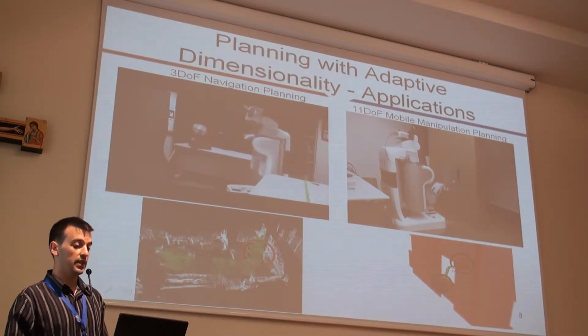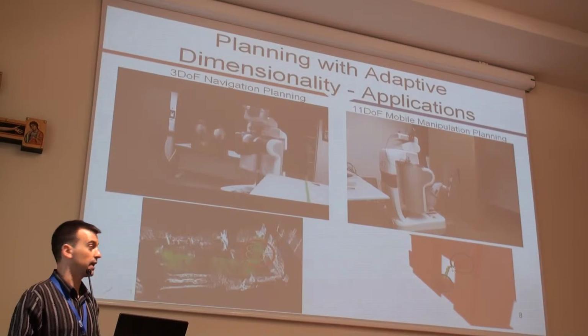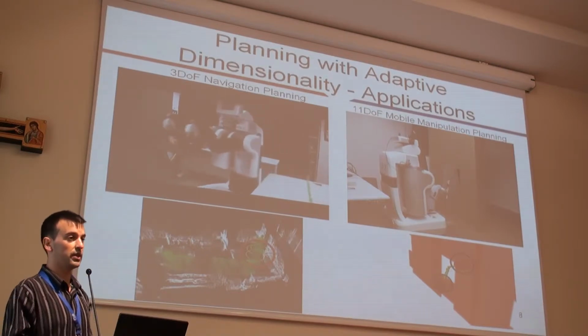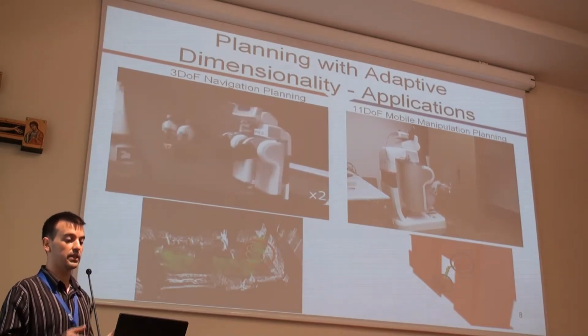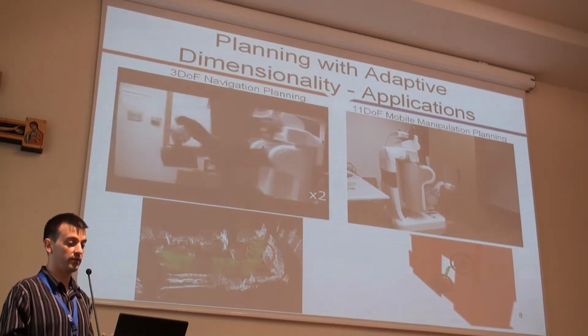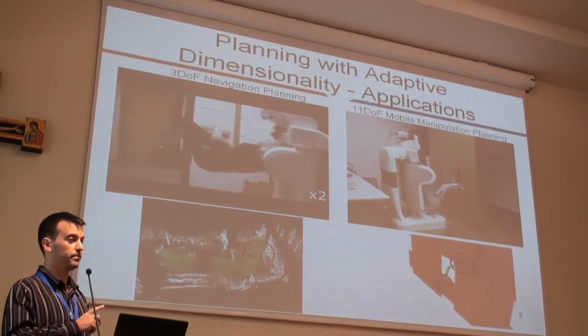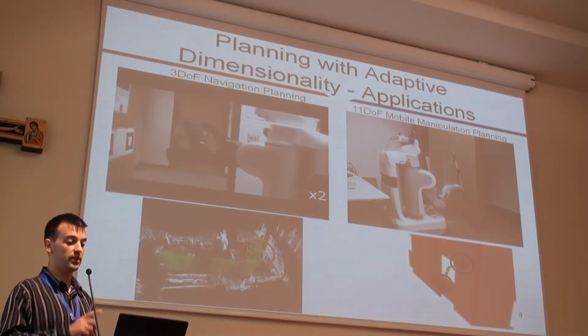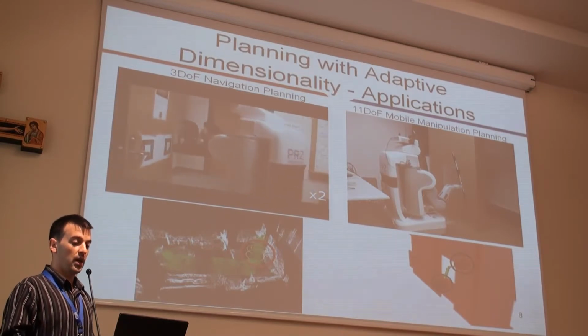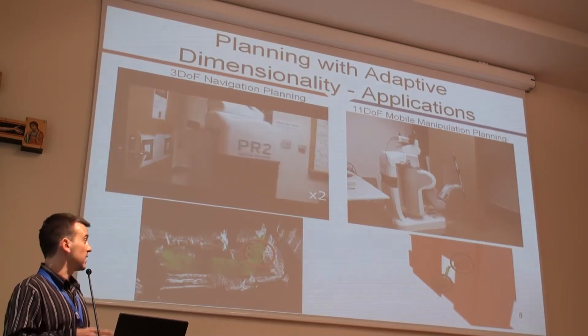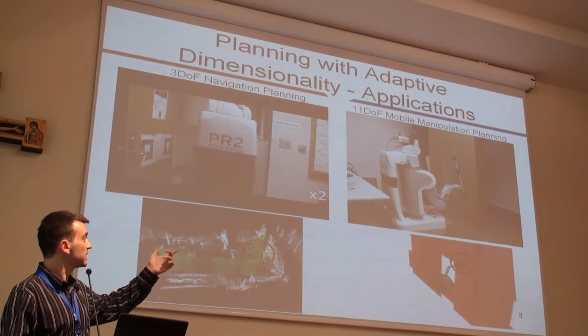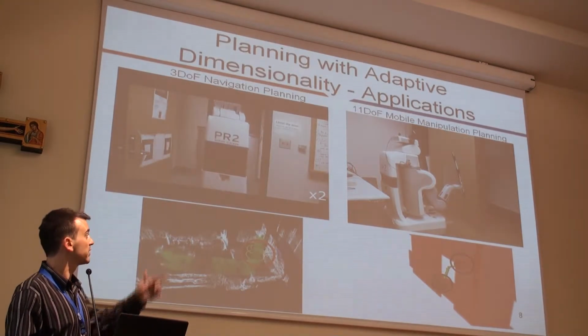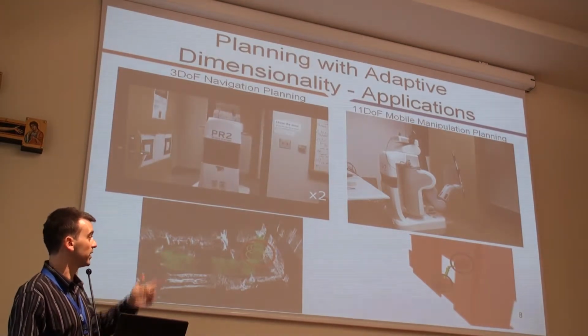And on the right is 11 DOF mobile manipulation planning. Here our full 11 DOF state contains the 7 degrees of freedom of the arm, the base position and orientation, and the torso lift. And the robot is tasked to maneuver this 80 centimeter long stick through this 50 by 40 centimeter window.